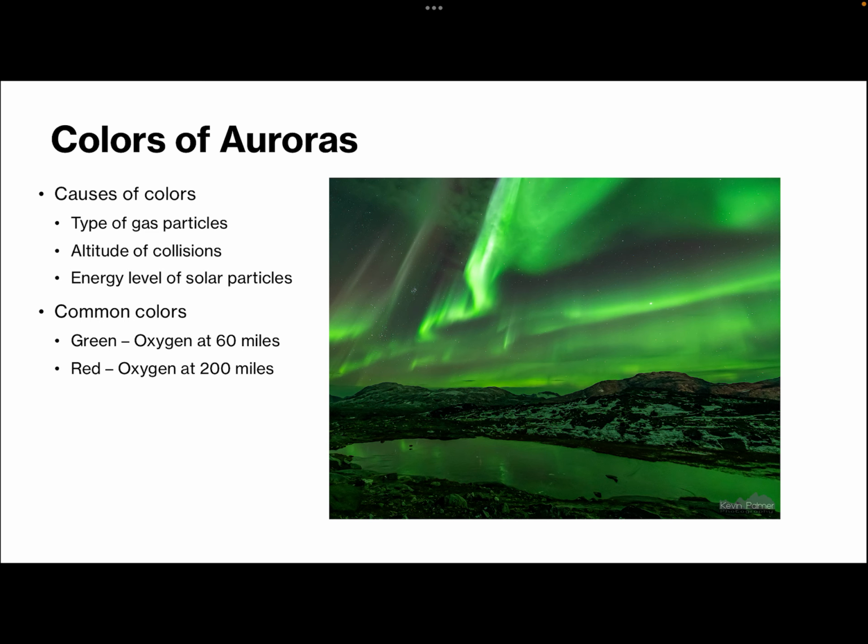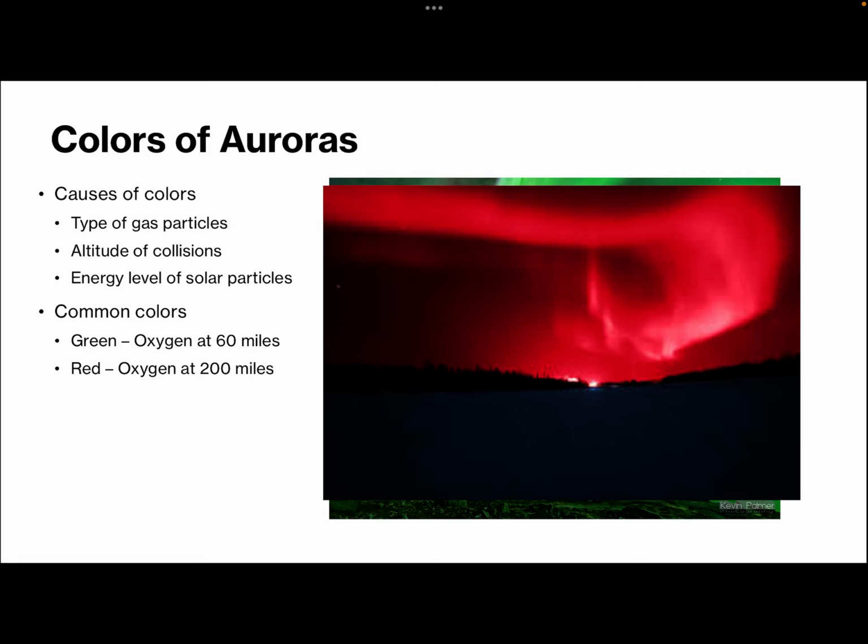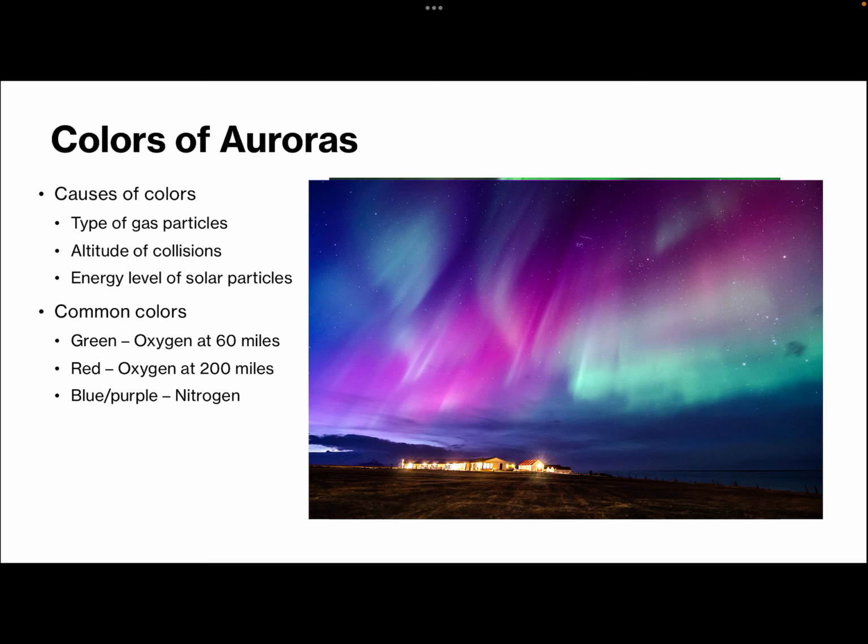The red one is oxygen colliding with the solar winds at 200 miles above the Earth, and then we get these red auroras. And then we have the blue and purple, and those are nitrogen particles being collided with the solar winds. From what I've seen, it doesn't really matter which altitude, but you get these beautiful blue and purple auroras.